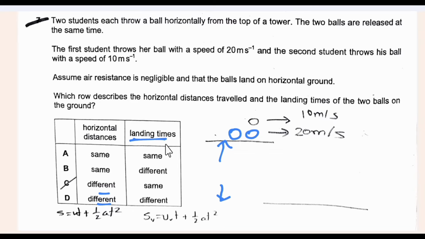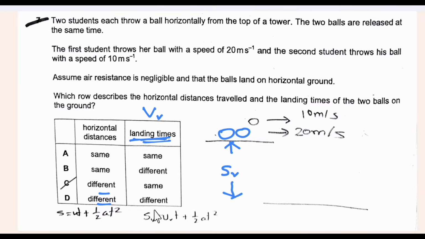Then the landing time. Suppose these are the two balls; the two balls travel the same vertical height, that is SV. So for landing time we should consider the vertical motion, since they travel the same vertical height.